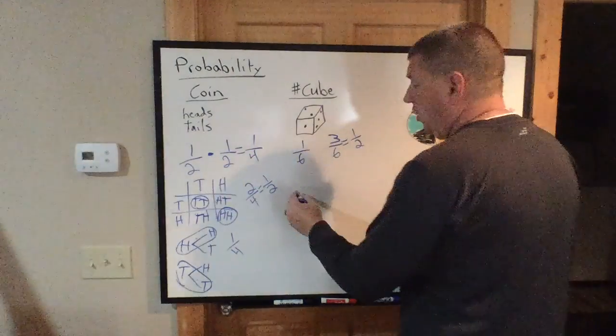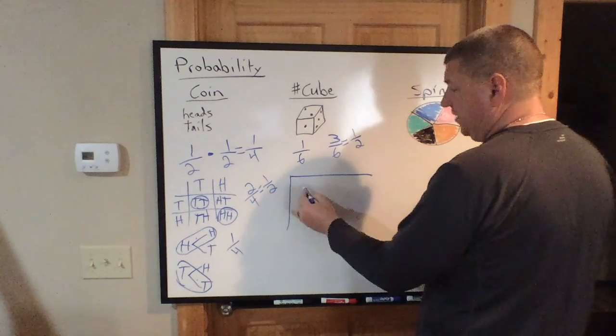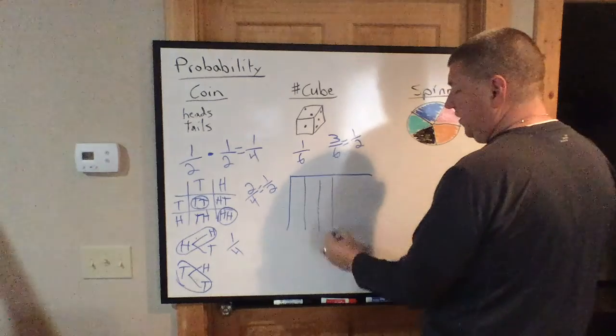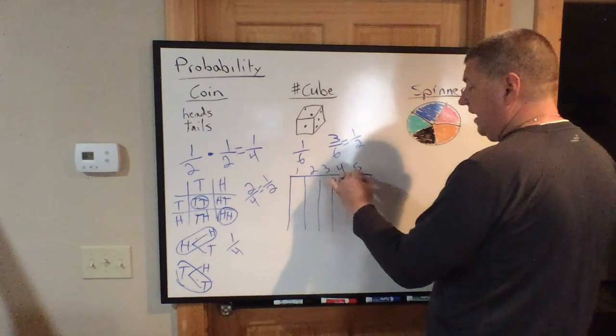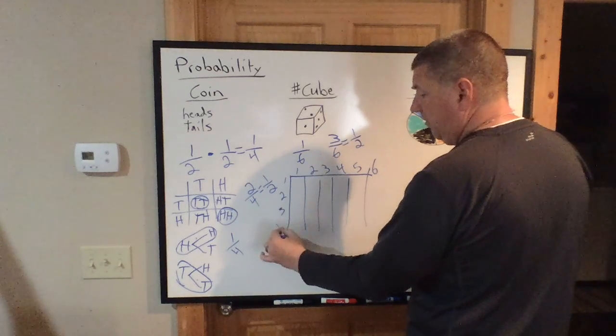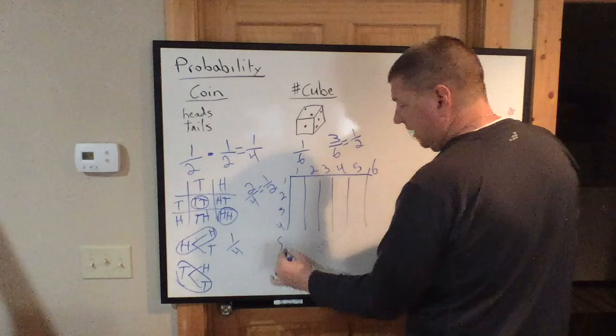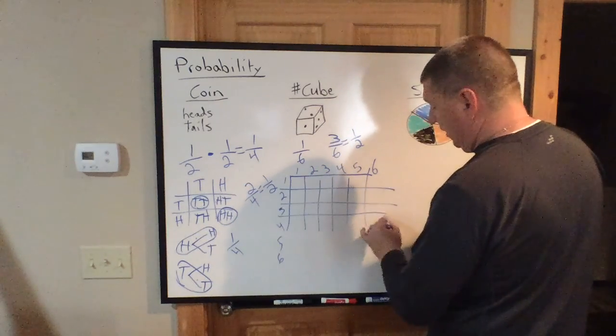So if I do the table diagram, again, it's going to be a little bit bigger than the other one that we did. So 1, 2, 3, 4, 5, and 6 across the top, and 1, 2, 3, 4, 5, and 6 down the side. So we create our table.